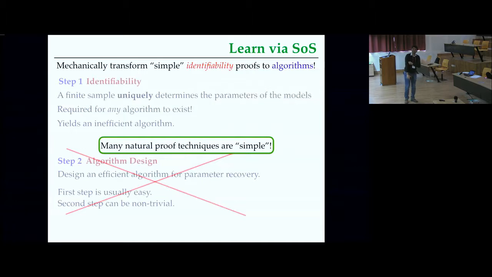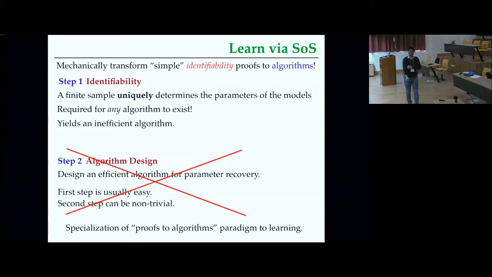Okay, great. So let's see why this is going to work for our example today. I just want to mention that there is a more general paradigm of taking certain proofs and converting them into algorithms, which works not only for average case or machine learning problems, but also for worst case problems. But again, I can discuss that offline. So this approach is basically a specialization of that approach to problems in machine learning.